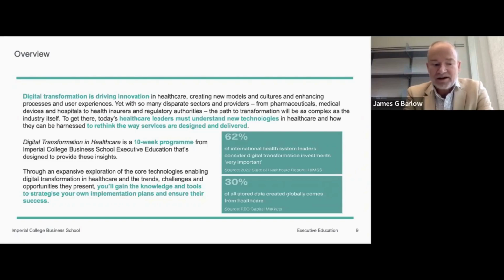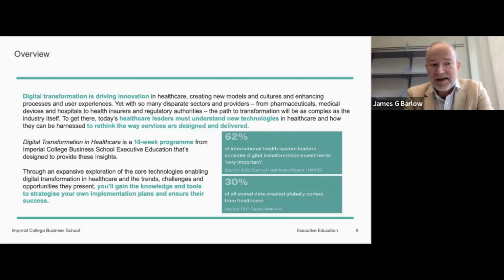When I started working on healthcare innovation, which was really back in the late 1990s, there was a lot of talk about e-health, the use of electronic technologies in healthcare services. And this was really seen as a way of improving efficiency of healthcare, dealing with safety and quality concerns, reducing costs.